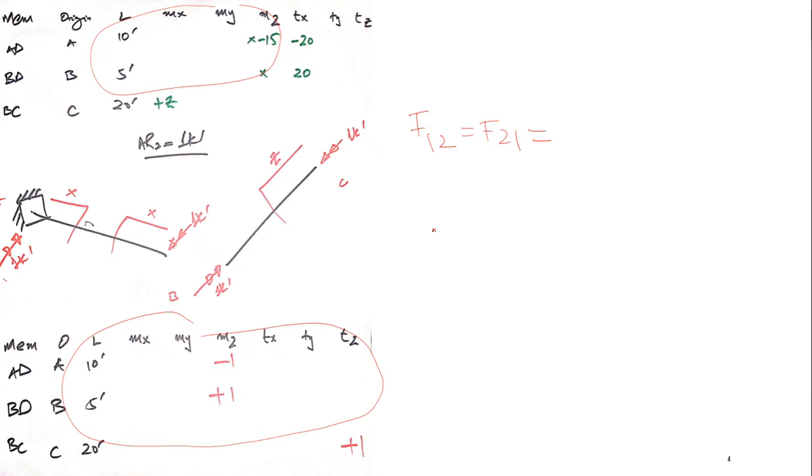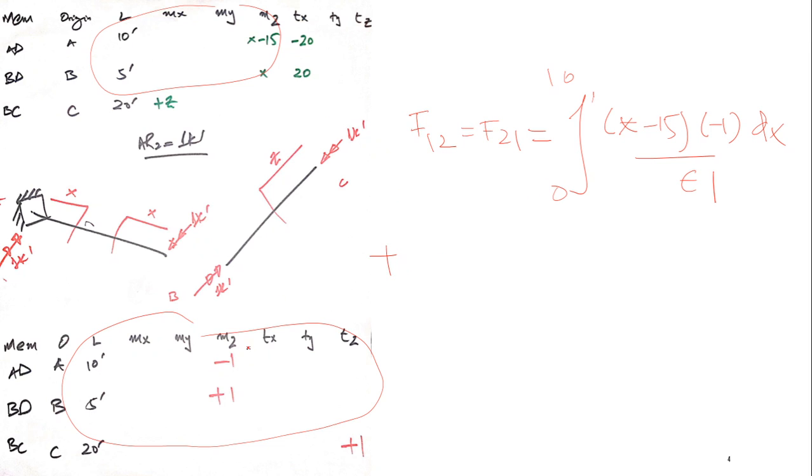Let's find. Here I have x minus 15 and here I have minus 1. These two would be multiplying. Integral of (x minus 15) into minus 1 dx, this is moment, so EI under the limit 10 to 0.